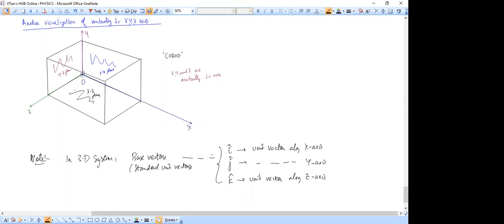They are any three mutually perpendicular axes. So x and y axis you can consider anyhow, as long as they are perpendicular. Z will be the one which is mutually perpendicular to them. But the particular direction of Z, whether it is coming out or going in, is determined by something called the right-hand convention, which we will discuss later.